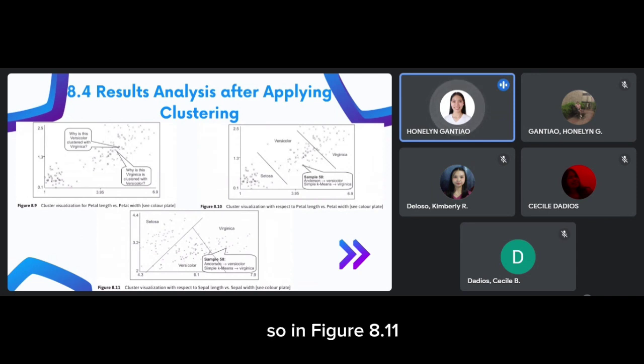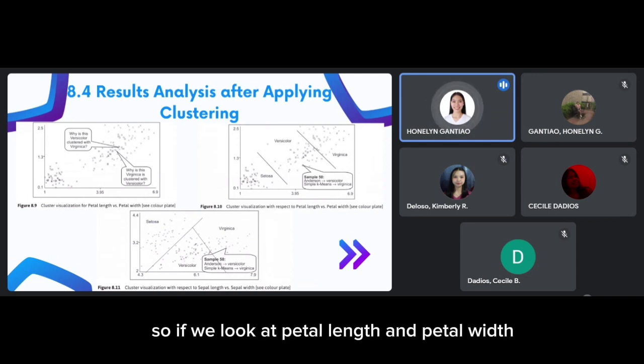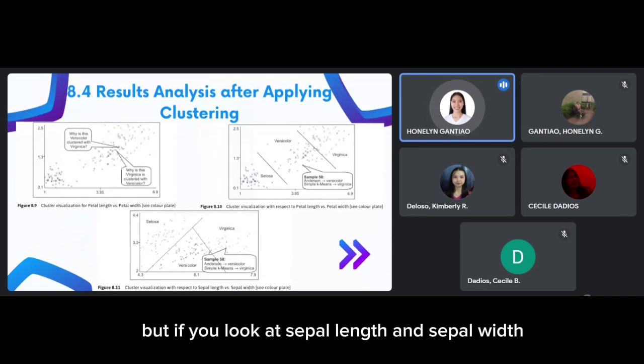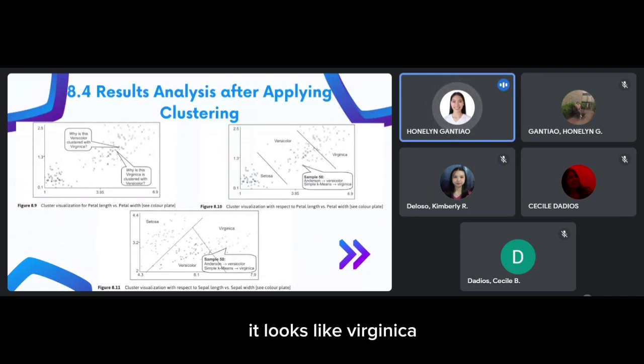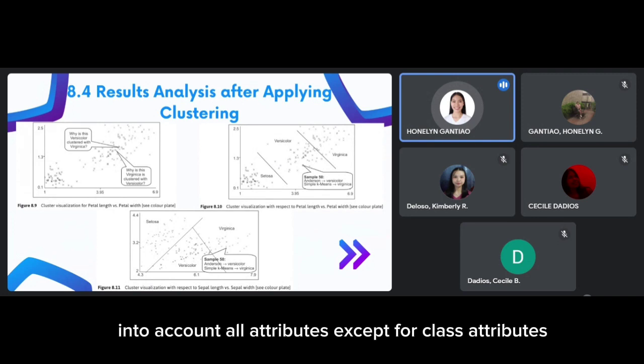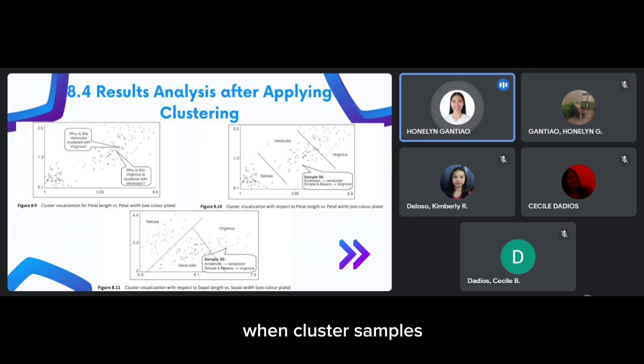So in figure 8.11, if we look at petal length and petal width, sample 50 looks like Versicolor, but if we look at sepal length and sepal width, it looks like Virginica. The point is that the clustering algorithm takes into account all attributes except for the class attribute when clustering samples.